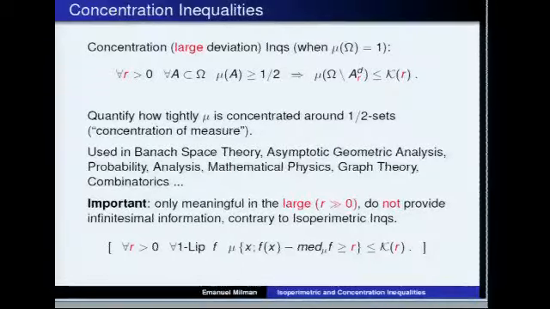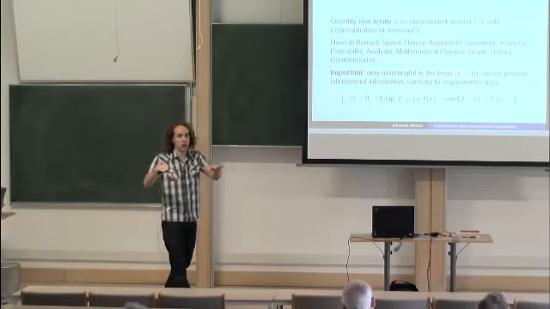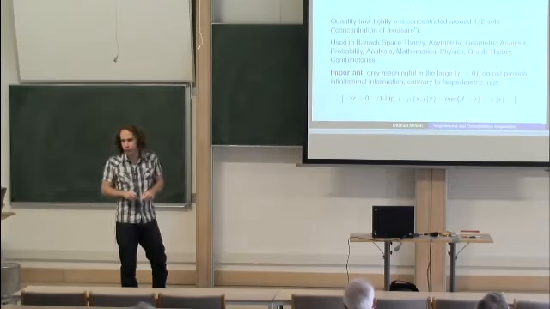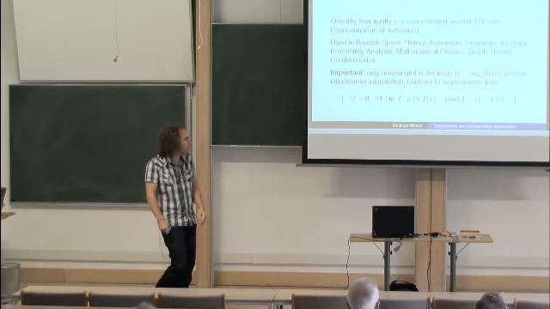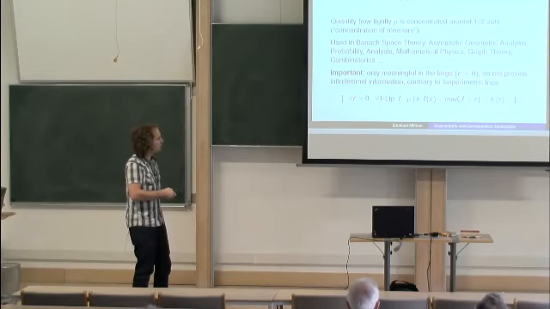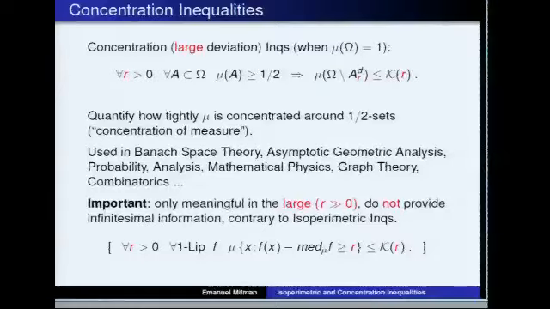The median is just a value so that the sub-level set of f corresponding to that value has measure, let's say, 1/2, just what you expect from the median. It's exactly the same, just passing from functions to level sets using the one-Lipschitz property. This is exactly the same as looking at extensions with respect to our metric.